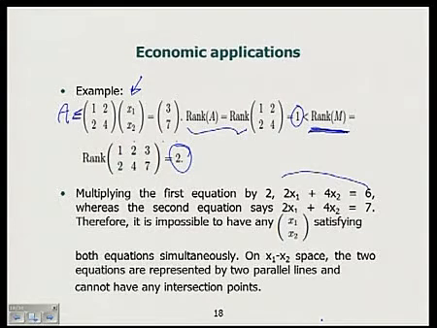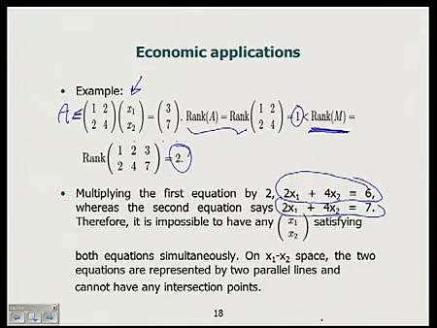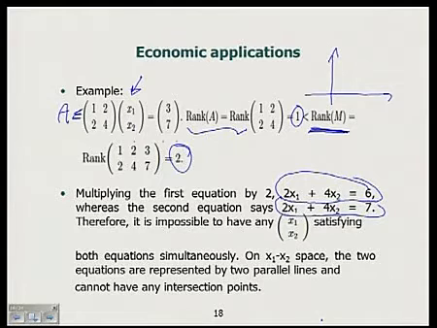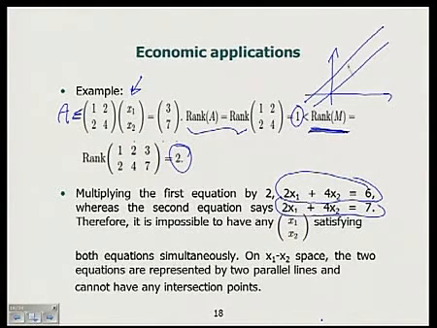Because this is the equation of a line, and this is the equation of a different line. If I plot this situation, this is the first one, and this is the second one. These are parallel. This is the reason why it's impossible to have a solution of this problem.